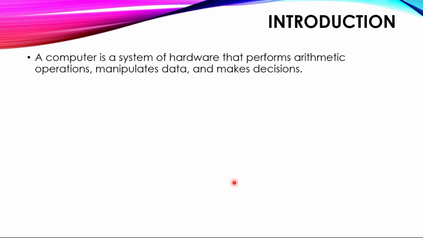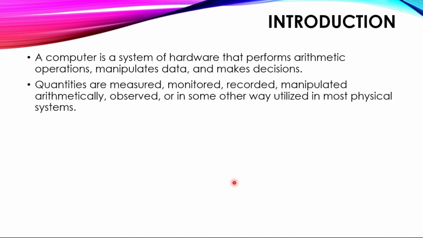So first is introduction. A computer is a system of hardware that performs arithmetic operations, manipulates data and makes decisions. And this hardware is responsible to perform various operations. Quantities are measured, monitored, recorded, manipulated, arithmetically observed, or in some way utilized in most physical items.